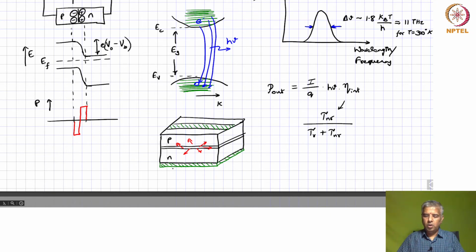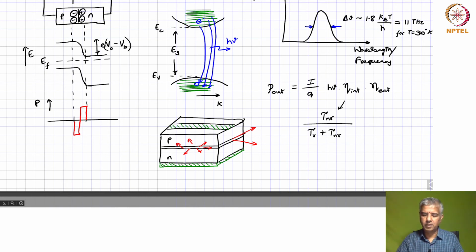So only part of the light is actually going to escape this entire structure, and that is a very small fraction. That fraction is given by what is called eta external, the external quantum efficiency.